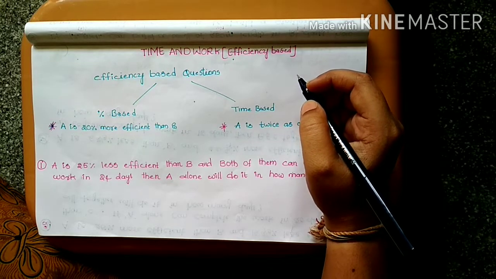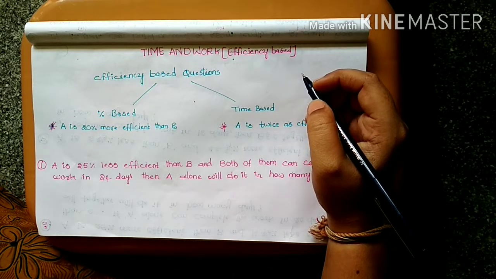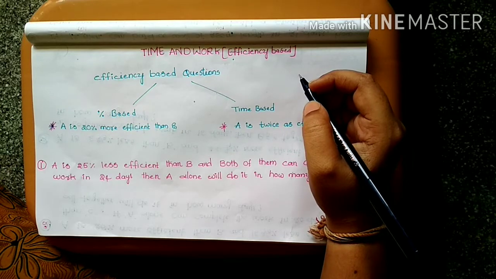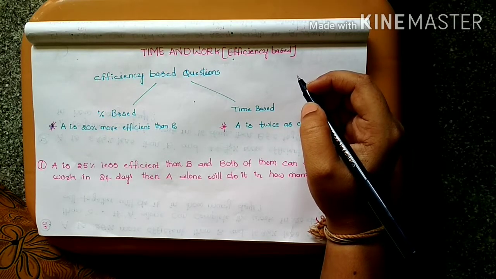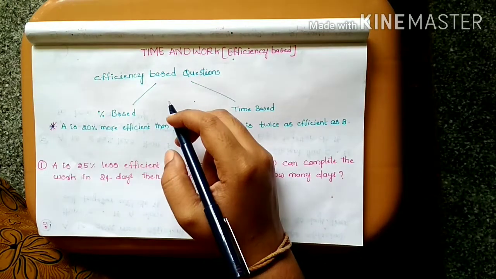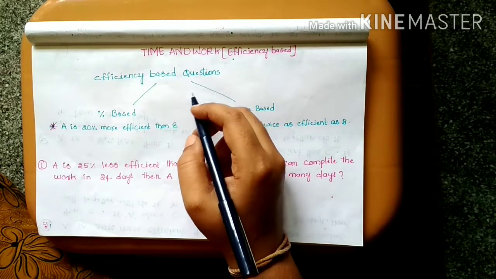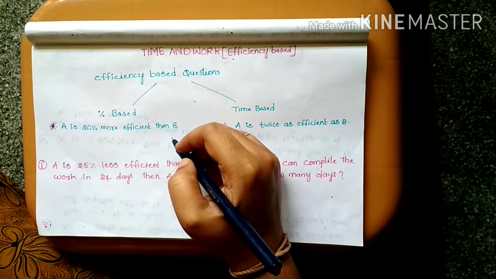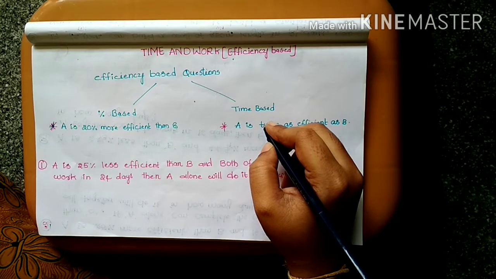Today I am going to discuss efficiency based problems in time and work. Here, efficiency based questions are of two types. One is percentage based, second one is time based.